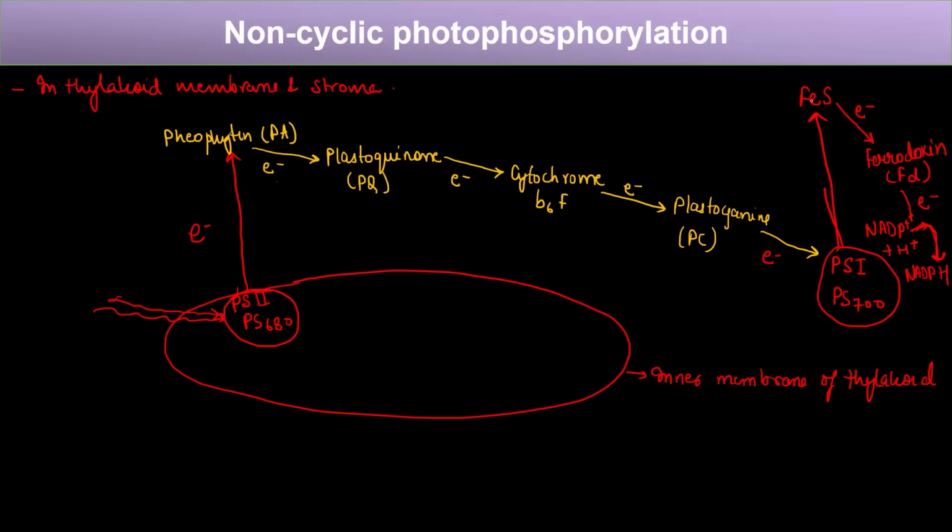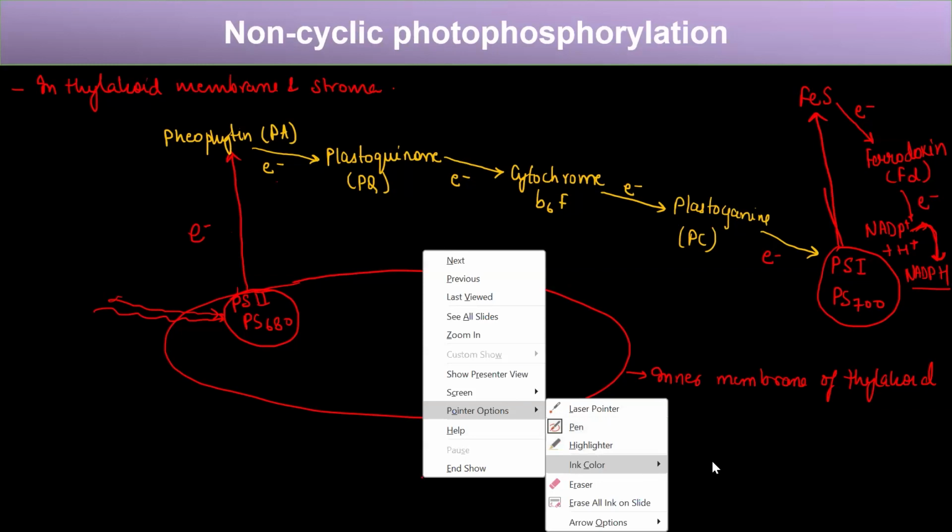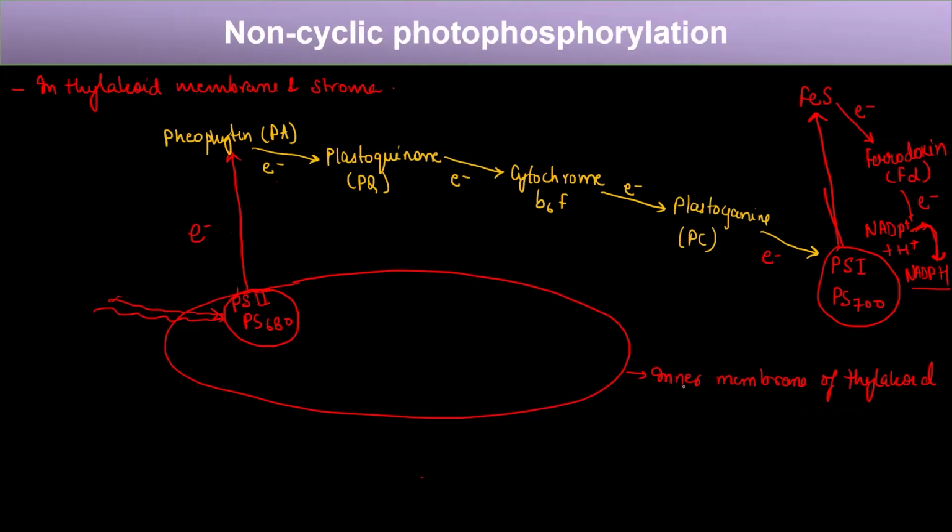Then from PS1, it gets into FES and then ferredoxin, and ultimately it is received by NADP to form NADPH. Now, if you look at the location, how will you draw this? Where is this PS2 located? It is located in the inner membrane of the thylakoid.